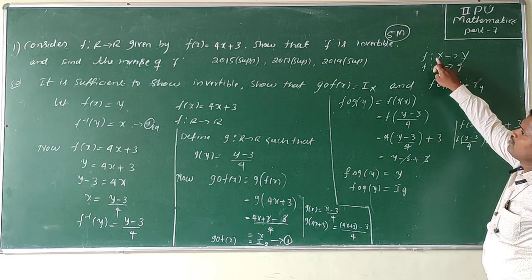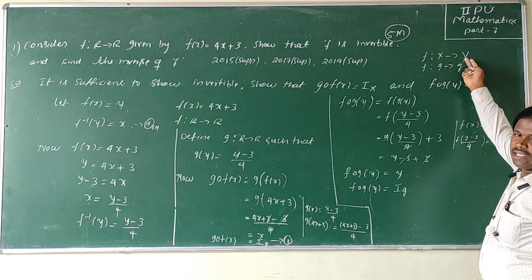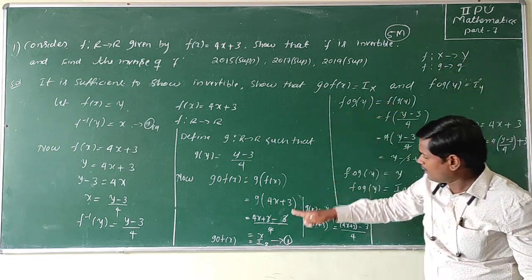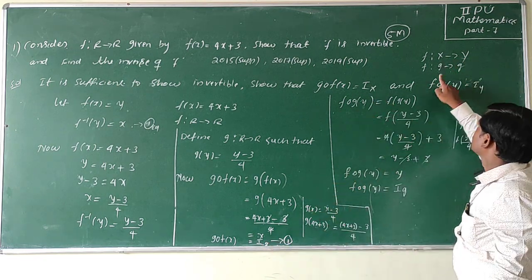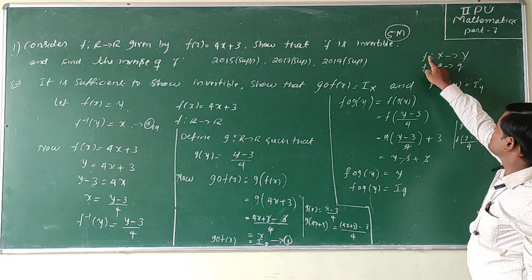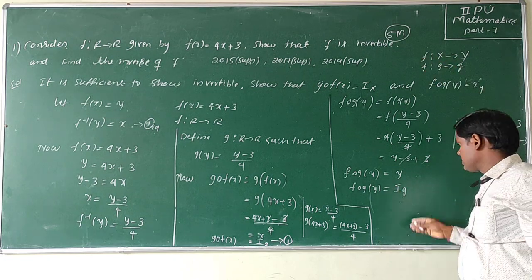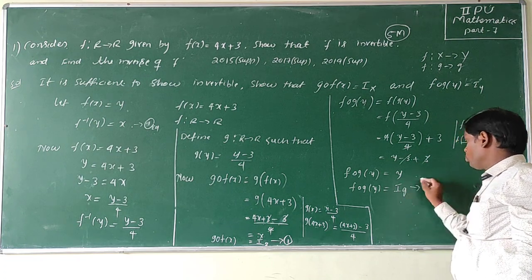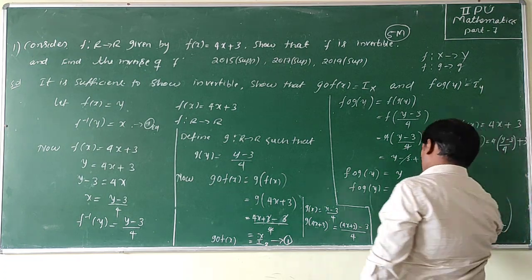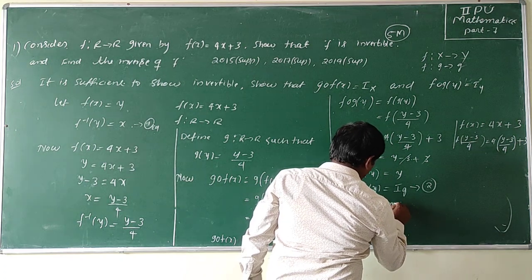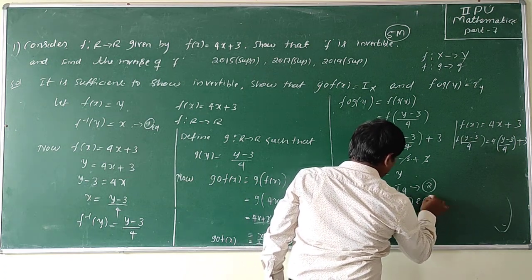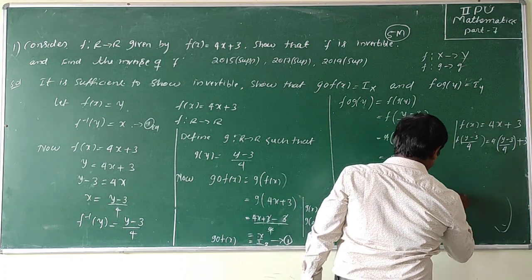Suppose the set is defined from x to y, then we take the identity function of x. And g is derived from y to x, so it is the identity function of y. So this is taken as 2. So from equations 1 and 2, f is invertible.